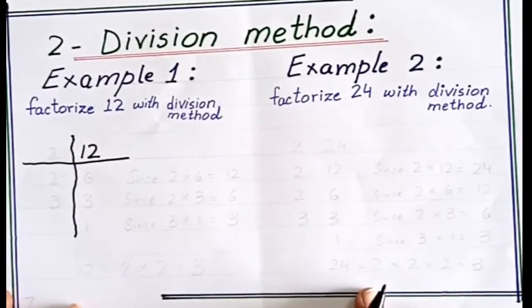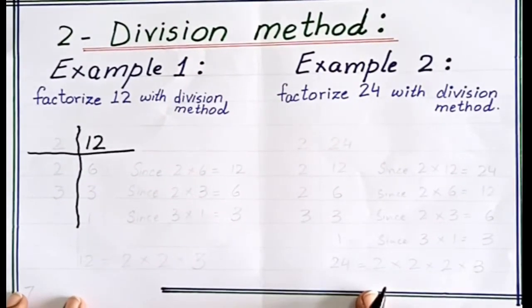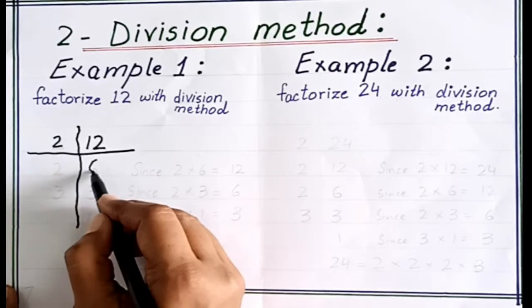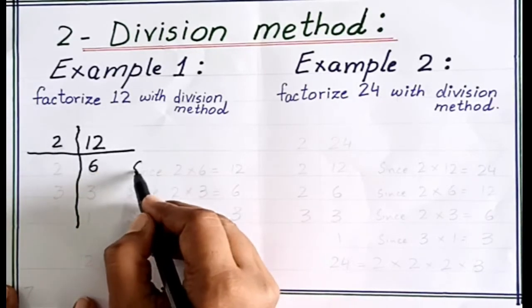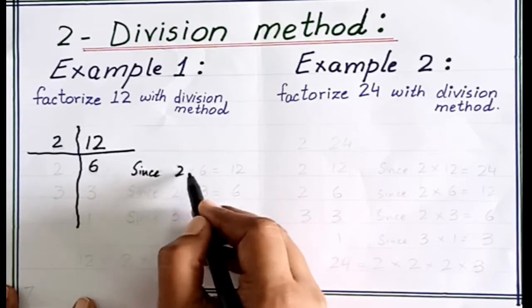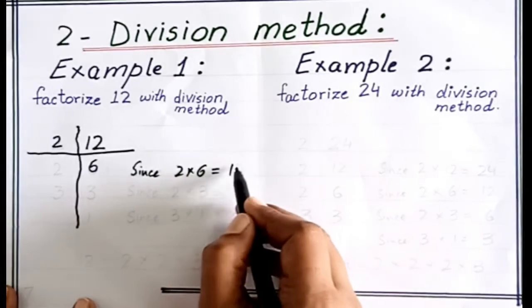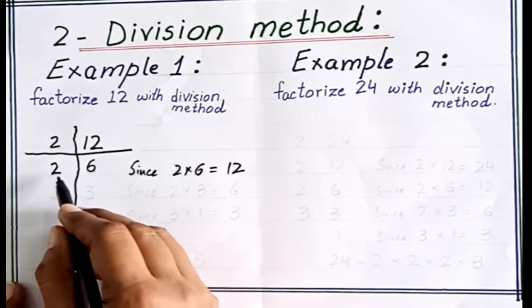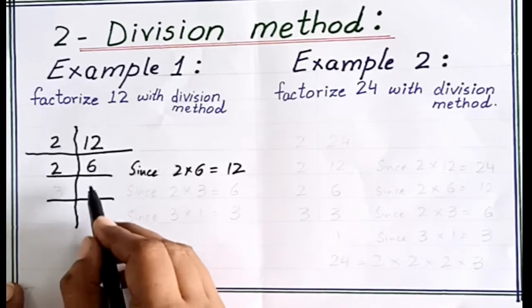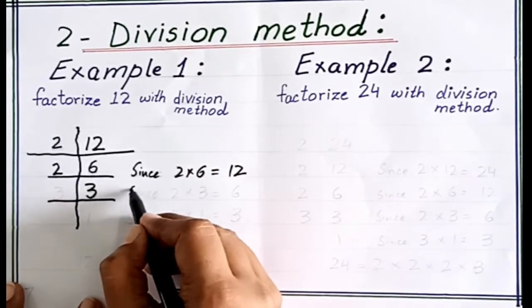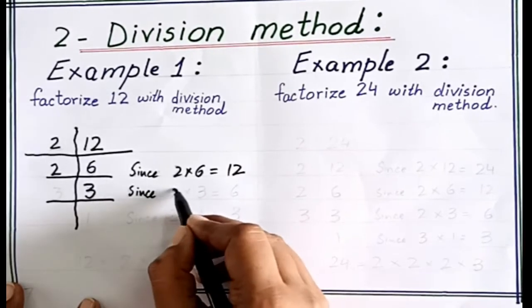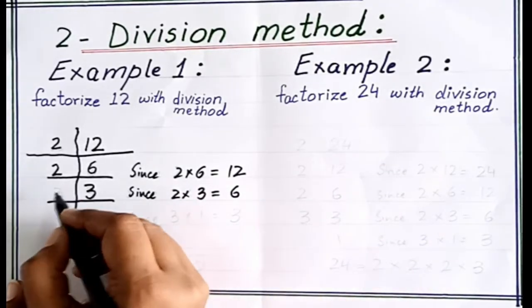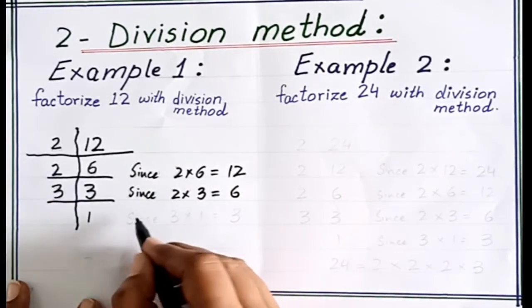We have to learn how we will divide 12 with 2. 2 sixes are 12. Now 2 threes are 6. And 3 ones are 3.